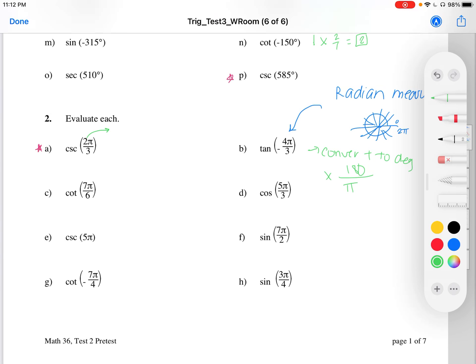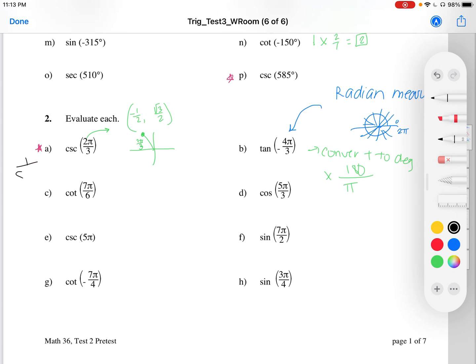If it's not within the unit circle, you can always convert it. For this one, I won't convert it because we convert in a different part. At 2 pi over 3, that is the same as 120. And you'll see the value 2 pi over 3 and the number 120 next to it. That's negative 1/2 and square root of 3 over 2.